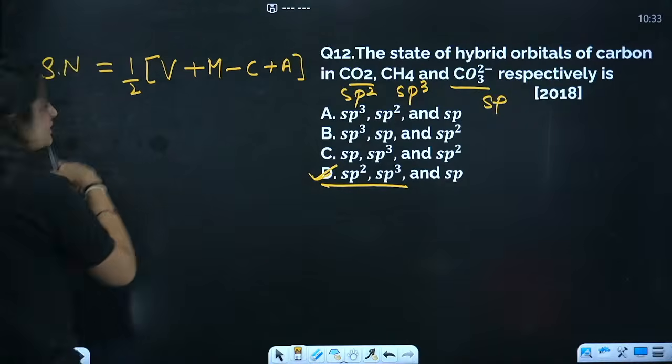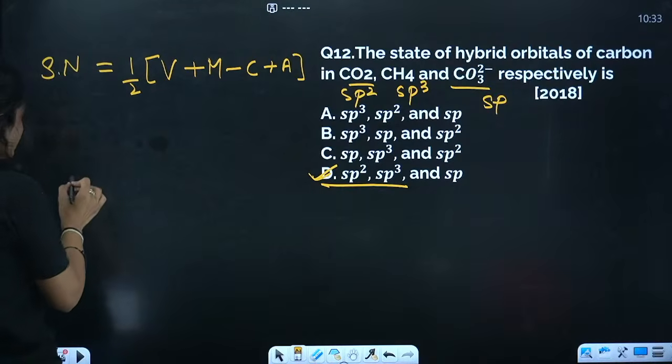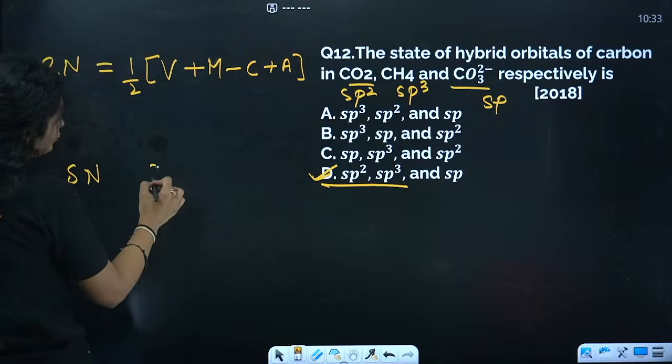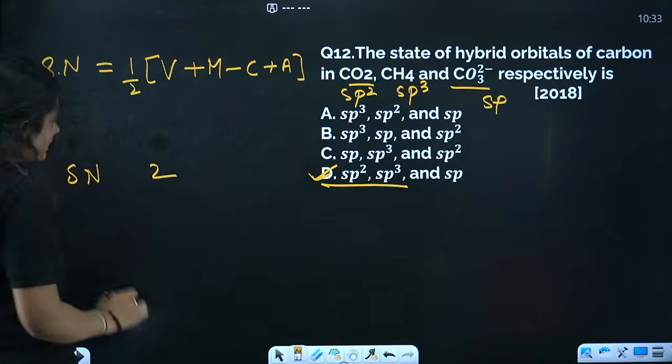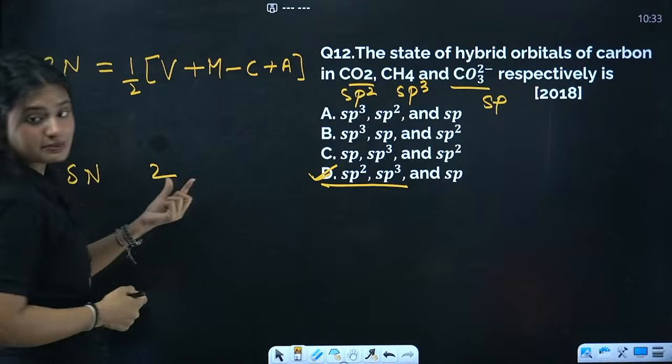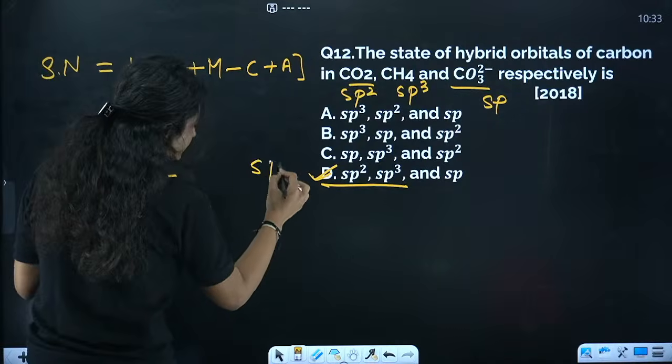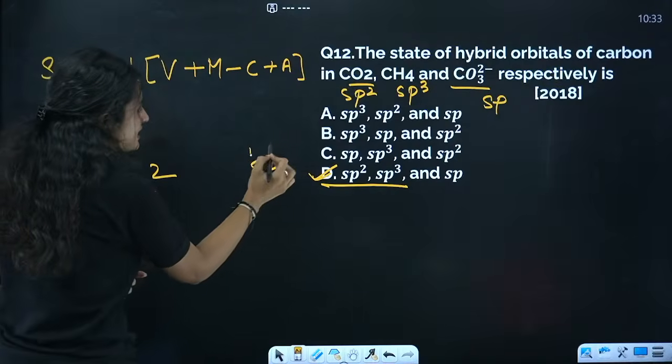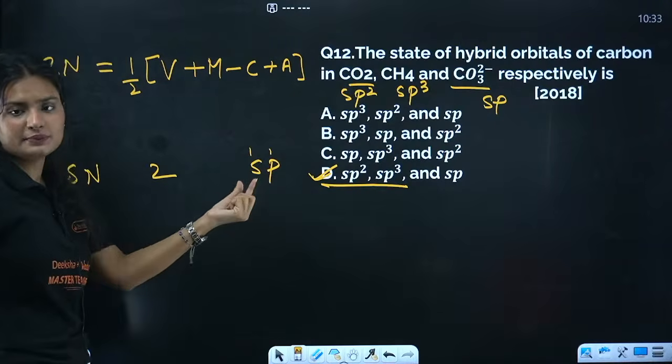Now if you get, let's say, a steric number 2, minimum will be 2 only, then your hybridization will be sp, because 1s and 1p makes 2.